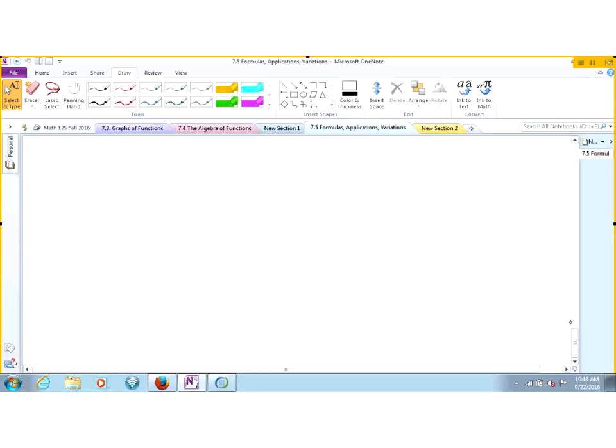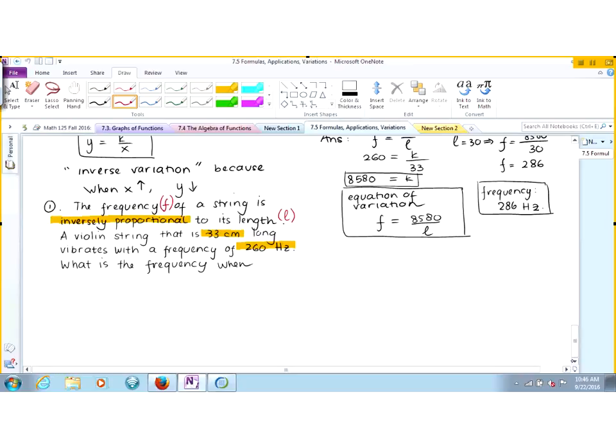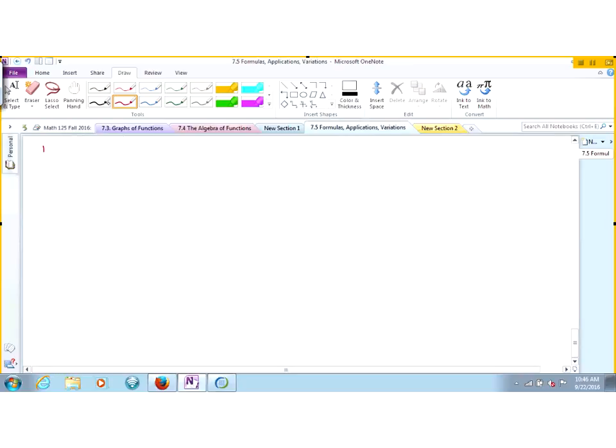Is it B1, B2, B3? Let me just check. B3. This is called joint variation. So for joint variation, there is no specific formula.